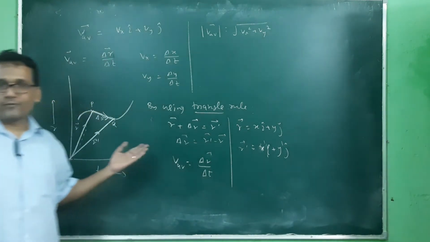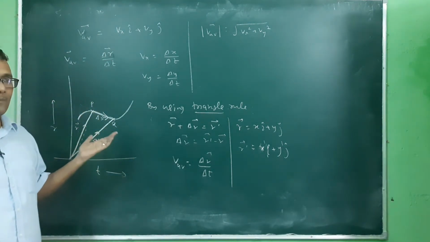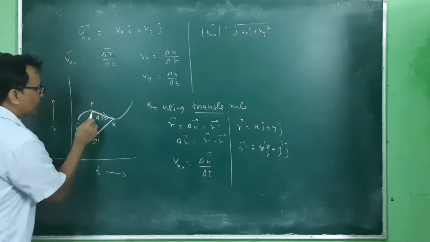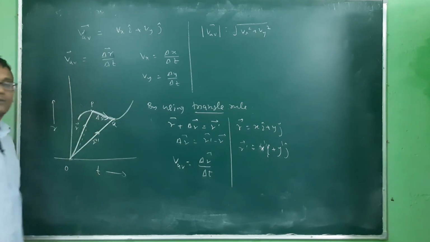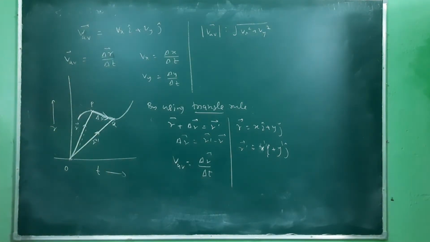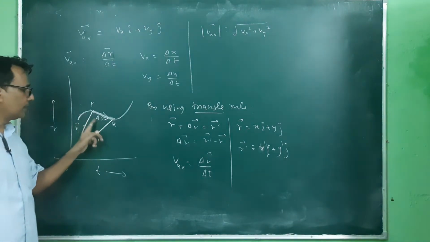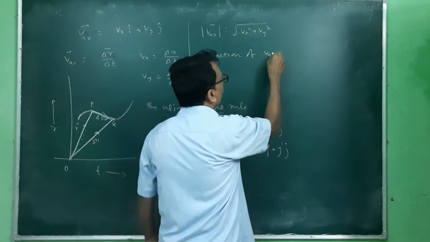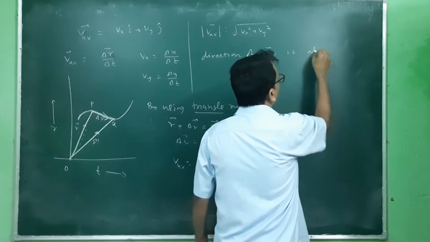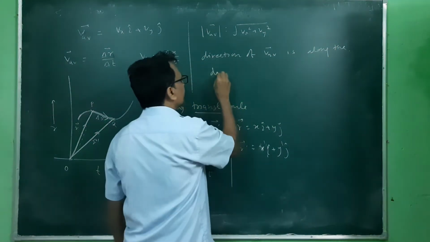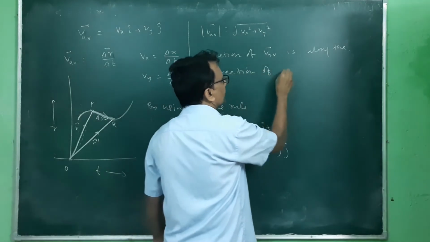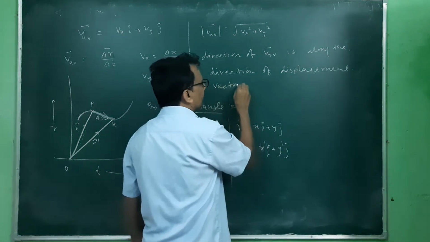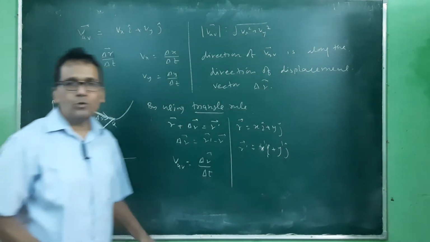Okay, now we are talking about the direction of this average velocity. This is the magnitude, and the direction will be toward the line joining P and Q. So the direction of this V average is along the direction of the displacement vector delta r.